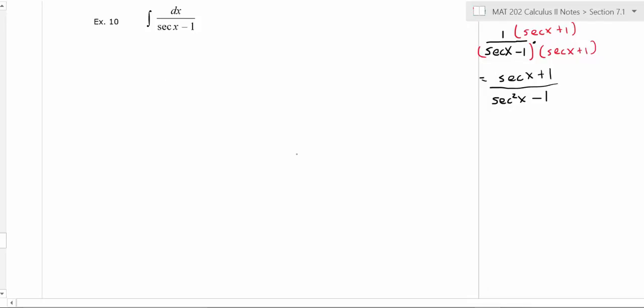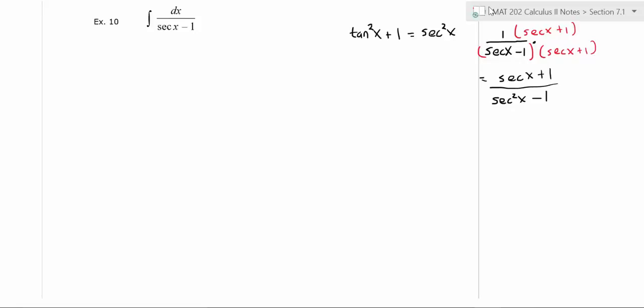Now we have an identity that we can use that goes like this. I'll write this identity aside: tangent squared x plus 1 equals secant squared x. That's one of your basic trig identities. Trig identities you've got to work with every now and then because they'll show up when you're working with trig integrals, and a lot of times you have to use them.